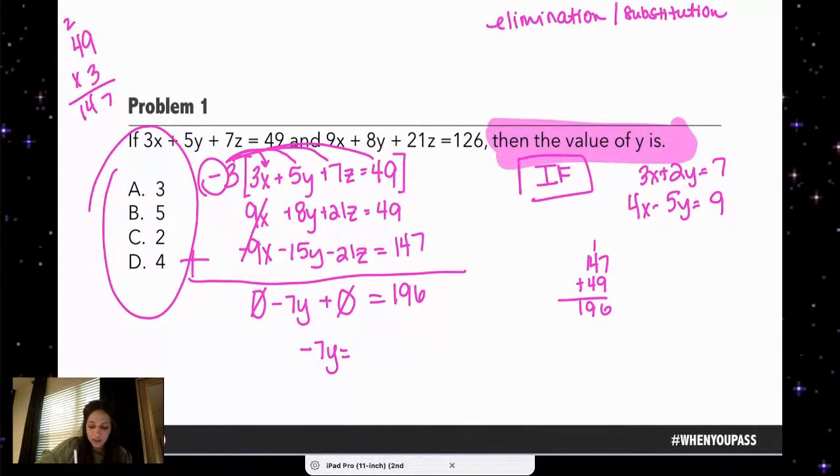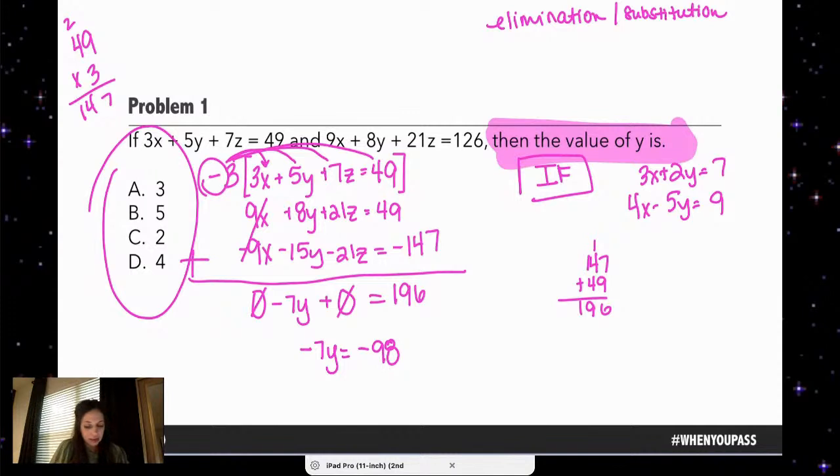So instead of 147, that should have been negative 147, which should give us closer to the right answer. So negative 147 plus 49 equals negative 98.